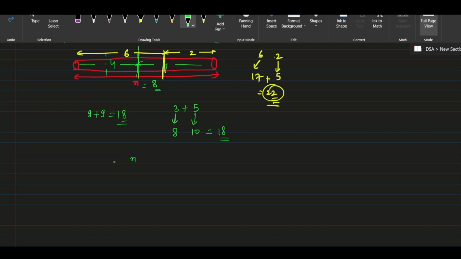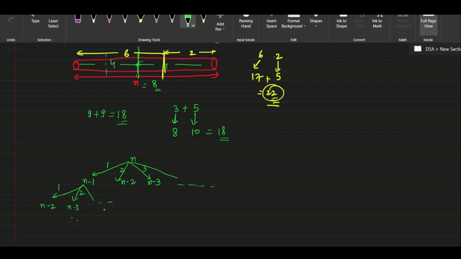We make a cut of 1, then we will have a rod of length n minus 1. If we make a cut of 2, then we will have a length of n minus 2. If we make a cut of 3, then we will have a rod of length n minus 3, and so on. Similarly, here also we can make a cut of 1, a cut of 2, and so on, and this keeps on going.